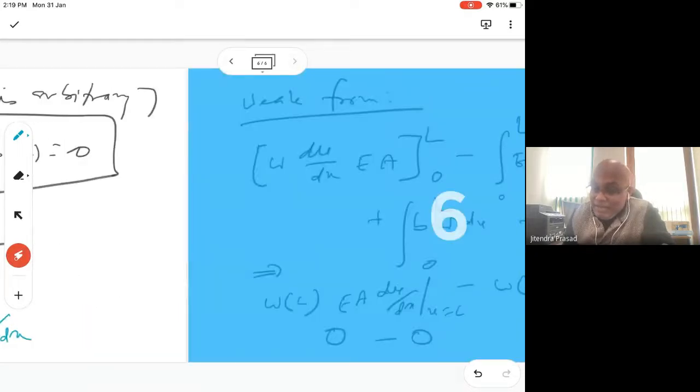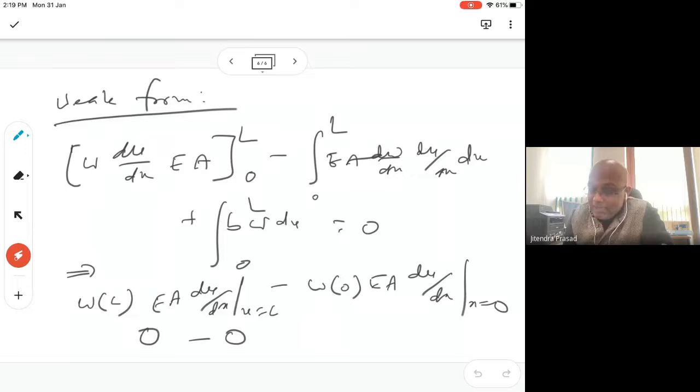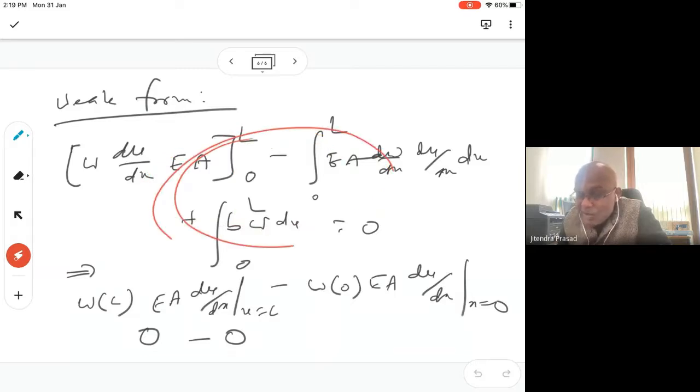Remember when we have this, we do not have a boundary condition. We don't write in addition to that du over dx equal to this. We don't write it because that's already incorporated here. But in the strong form, we have to write it additionally.